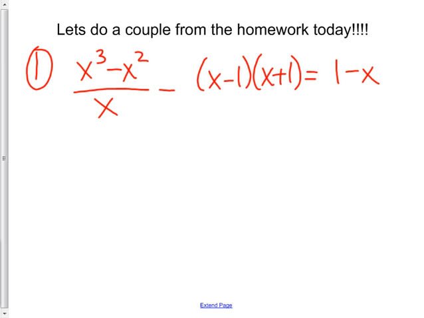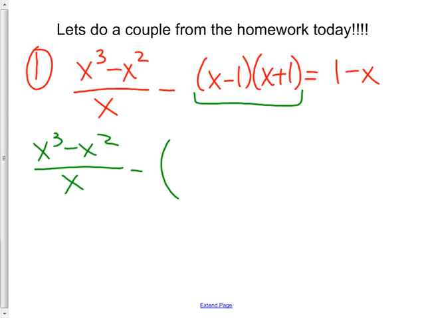Now I have a fraction in this first part. I want to get this second part into a fraction, but before I can do that, I'm going to FOIL. So I'm going to carry this down, and then I'm going to FOIL this all the way through. So I get x squared plus x minus x minus 1.